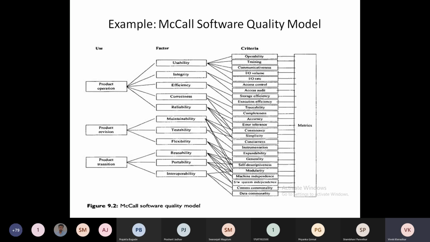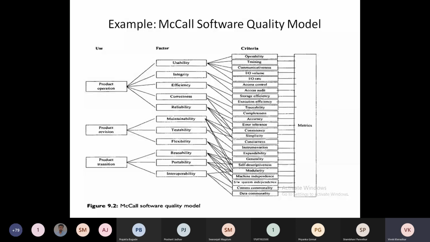Once you find the quality criteria, the relation is shown here. For example, reliability is composed of the criteria consistency, accuracy, error tolerance, and simplicity. Once you calculate these criteria on which reliability is measured, we can measure the reliability.